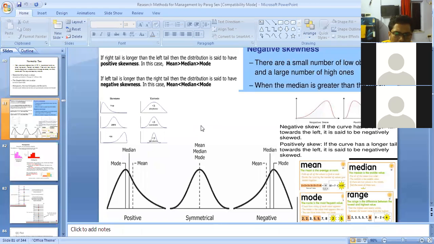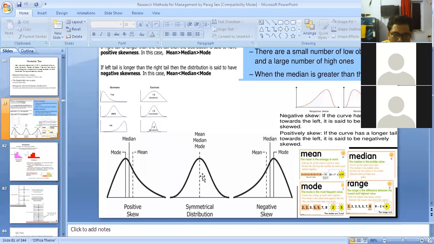So when you talk about symmetry, the data may be positively skewed or negatively skewed.